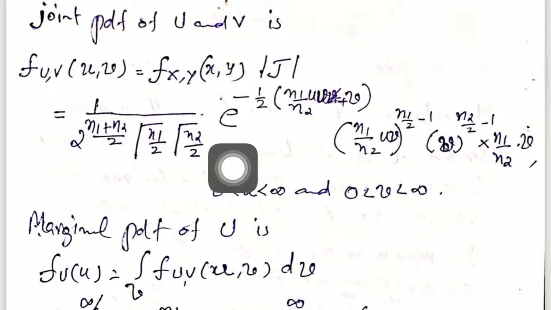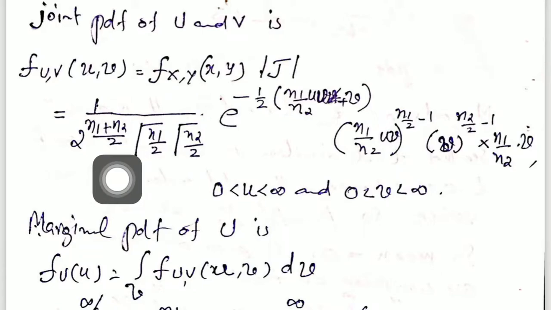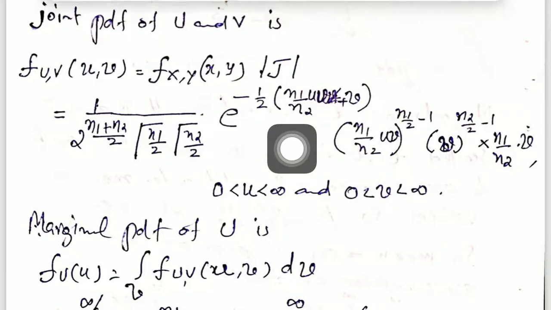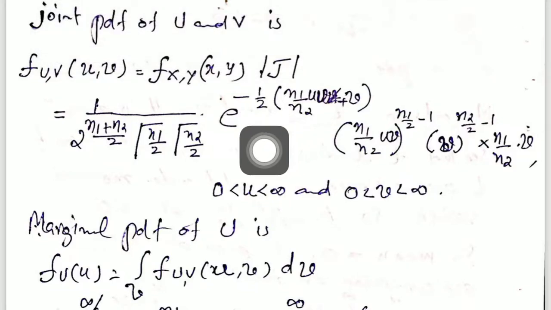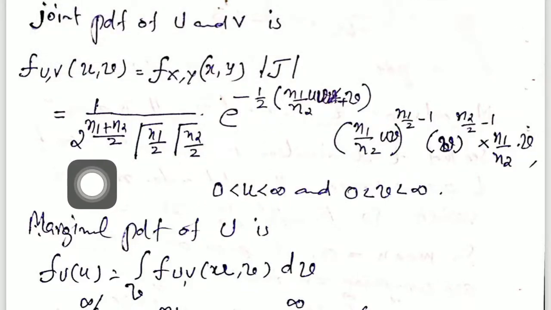Okay, so you know, since x and y are chi-square variables, you know what the PDFs are. The PDF of x is 1 by 2 to the power of n1 by 2 into gamma of n1 by 2, into e to the power of minus x by 2, then x to the power of n1 by 2 minus 1, and similarly that of y is also expressed in the same form.